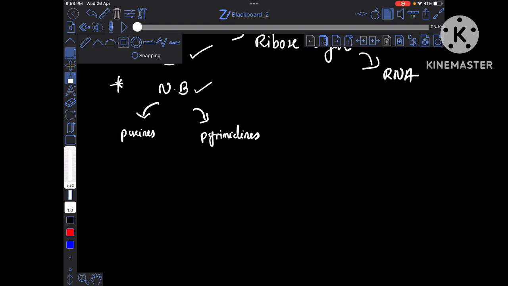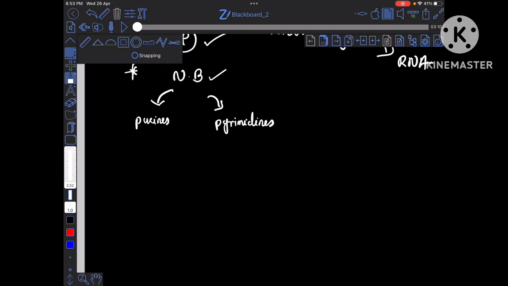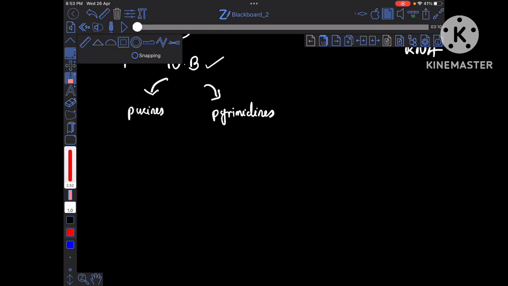Basically, there is a structural difference between purines and pyrimidines, and there are mainly two types of purines: adenine and guanine. Pyrimidines are of mainly three types: thymine, cytosine and uracil.